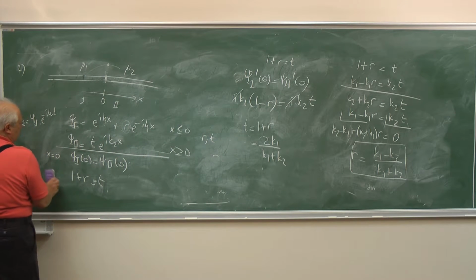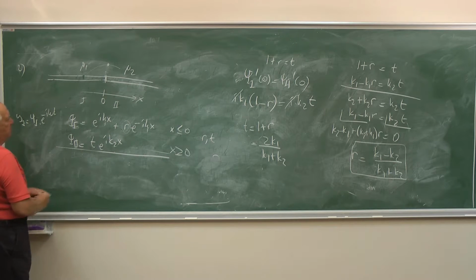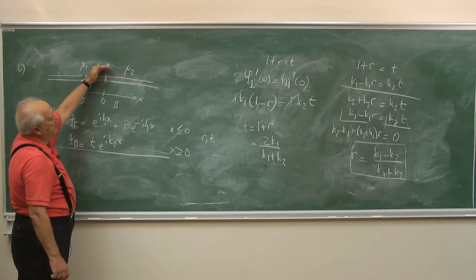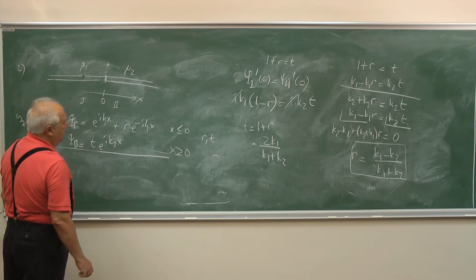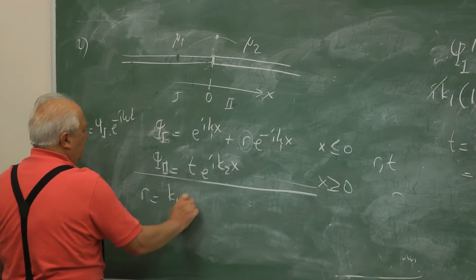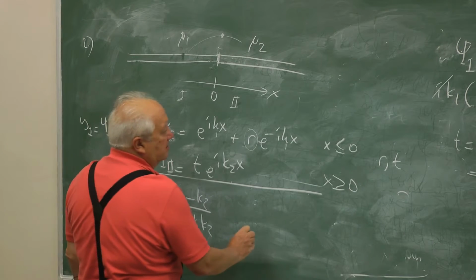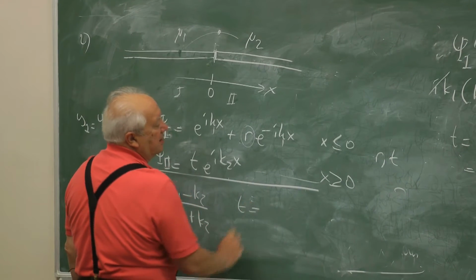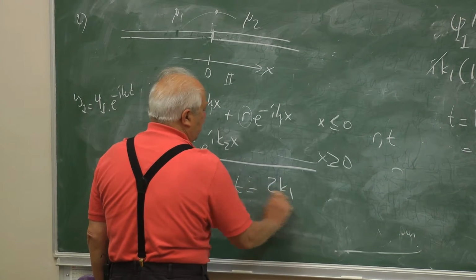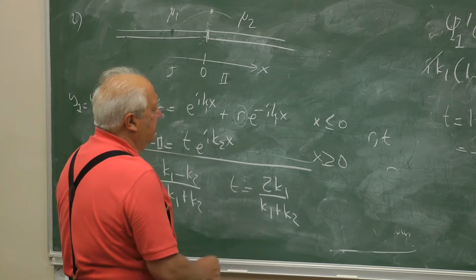Now we know the displacement must be equal at this point, and the space derivatives must be equal. So we found R, (k1 minus k2) over (k1 plus k2), and T is 2 k1 over (k1 plus k2). All right, I am erasing it.